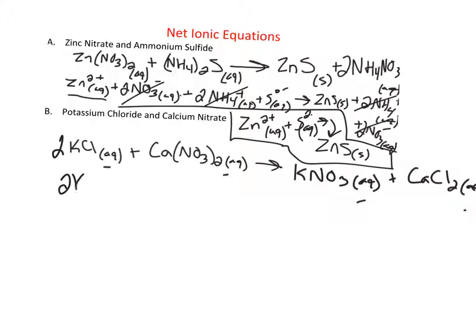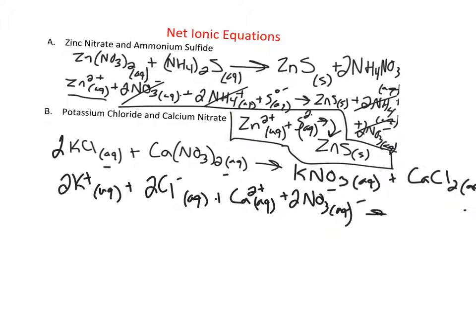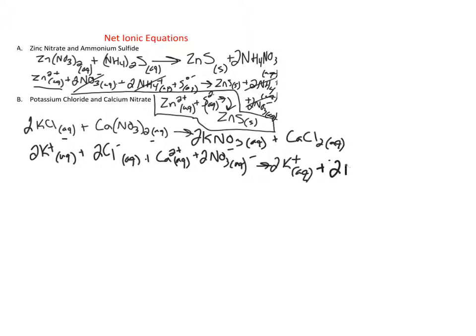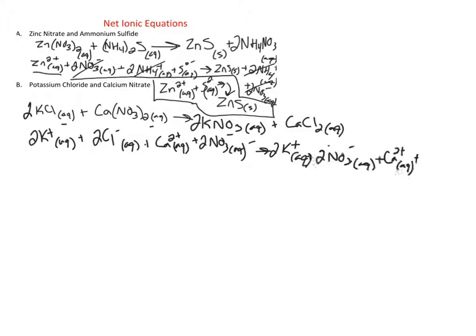So I would get 2 potassiums that are aqueous, and 2 chlorines, which are aqueous, plus a calcium 2+, aqueous, and 2 nitrates, aqueous, yields KNO3, 2 in front of that for balancing, K+, aqueous, plus 2 nitrates, plus calcium, and 2 chlorines, aqueous.